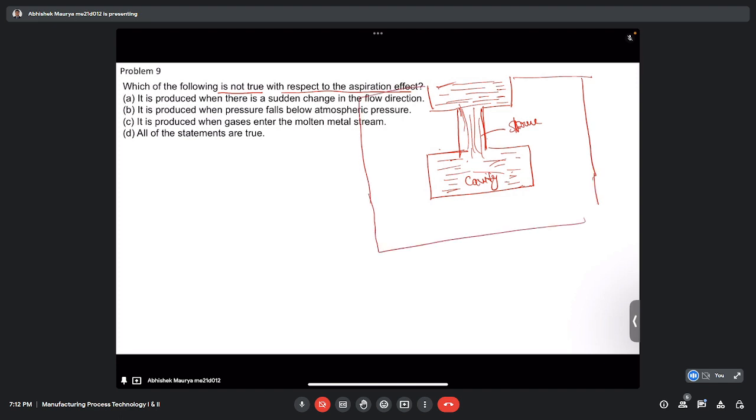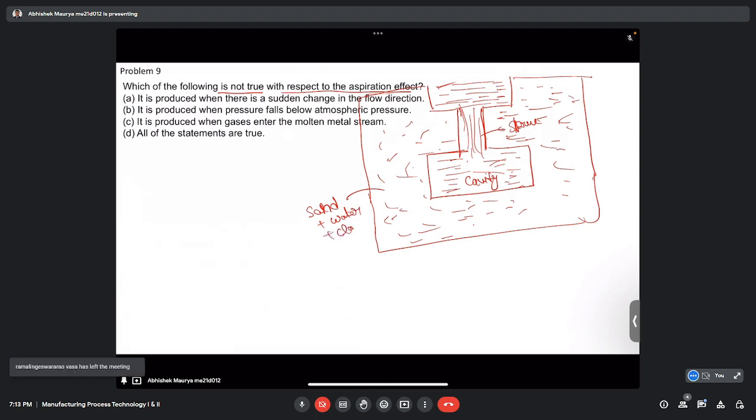This is sand. How is this mold made? The mold is made up of sand plus water plus clay plus some additives.